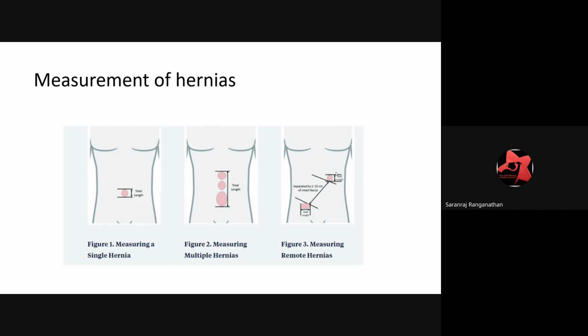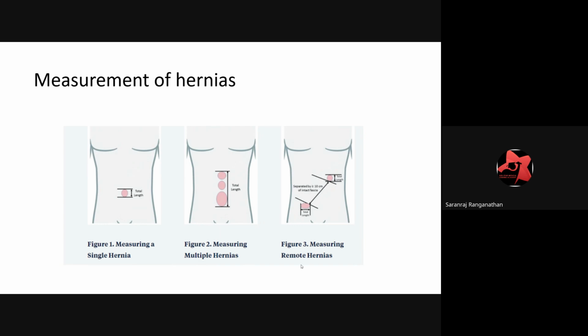You can see the image. In this one, the distance between the hernias is less than 10 centimeters, so we are adding. But for these two hernias, the distance is 10 centimeters or above, so we cannot add them together. This one is 5 centimeters and this one is 2 centimeters, so in total only 7 centimeters is what we have to calculate as the total length of the hernia.